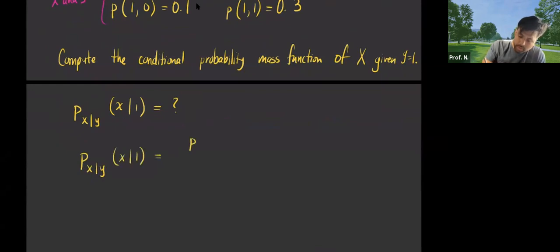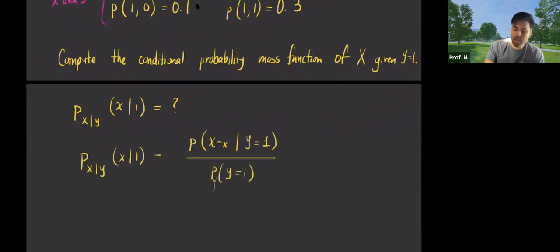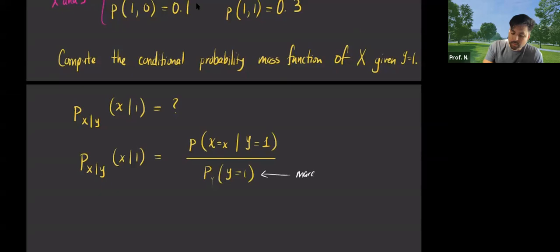It's the probability that X equals little x and Y equals 1, over the probability that Y equals 1, the marginal PMF of the random variable Y.